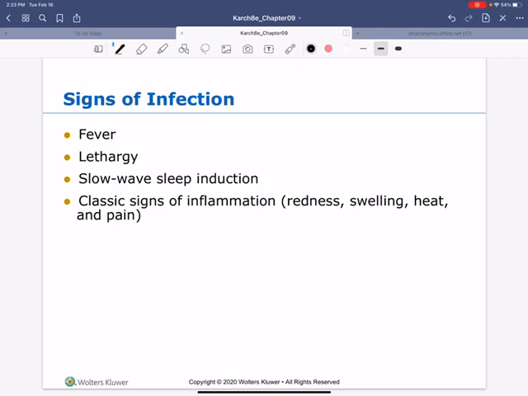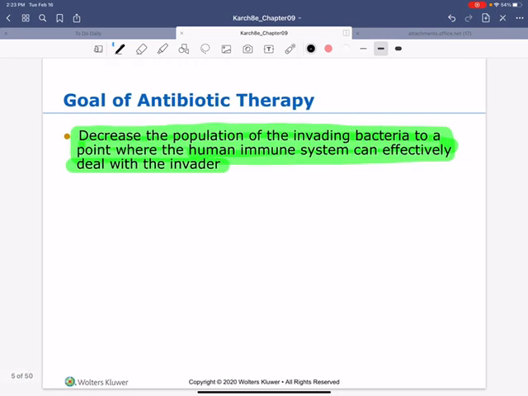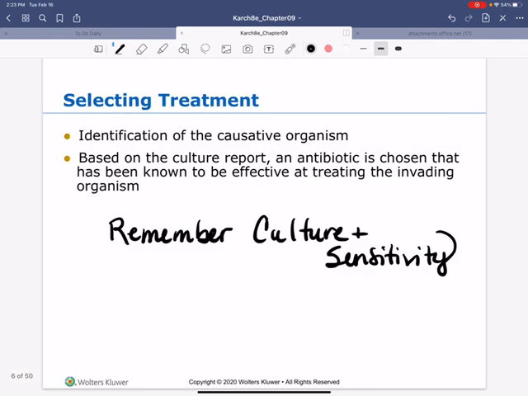So if you have a wound, then you can get redness, swelling, heat, and pain. If you have a sinus infection, your sinuses inside probably look red and inflamed. And it just depends what type of infection. And the goal, remember, is to decrease the population of the bacteria to a point where your immune system can take over and deal with the invader and get rid of it.